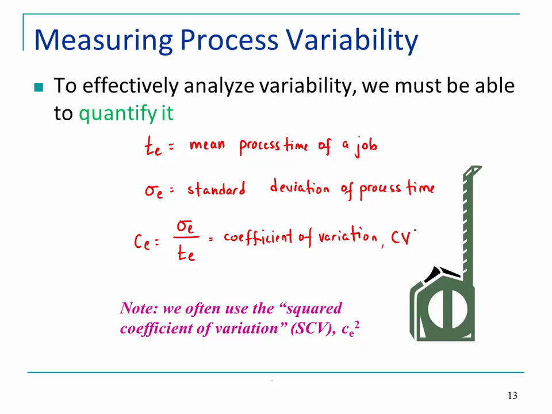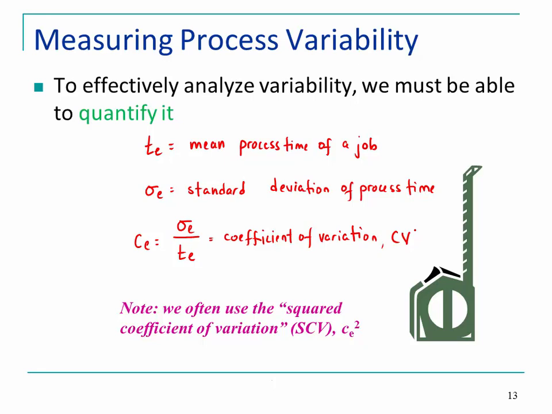So the idea here, by defining this coefficient of variation, is, for example, if you're looking at the process in which you have a very low variability and a very high average, that will give you an understanding that your process has very low variability, obviously, because the standard deviation is low.